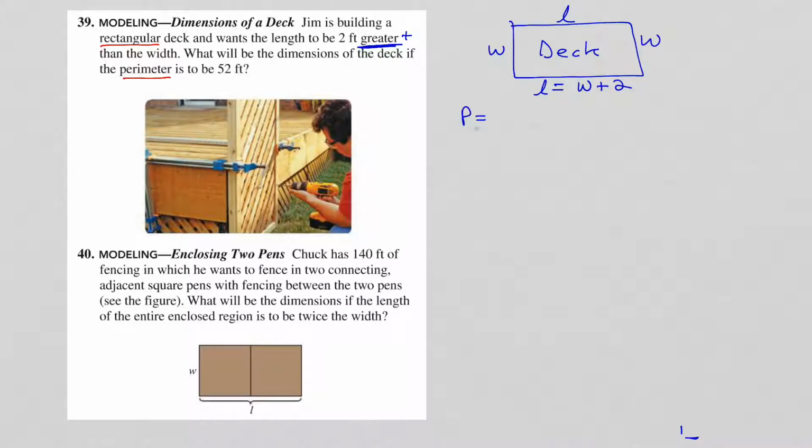So that's going to be L plus L because it's a rectangle and opposite sides are congruent. So basically the better formula is just 2L plus 2W, because we combine like terms right there.